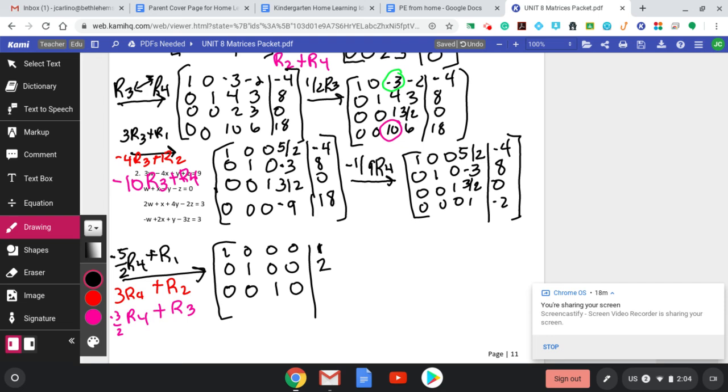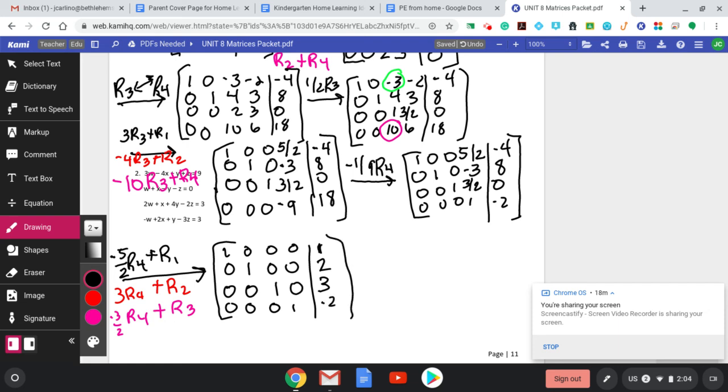Okay, what do I get there? So negative 3 over 2 times negative 2 plus 0. I get a 3 spot. There we go. And then just finish off row 4, rewrite it.